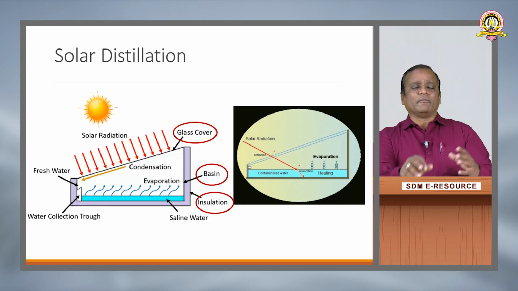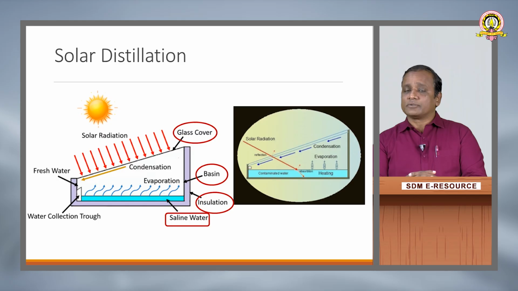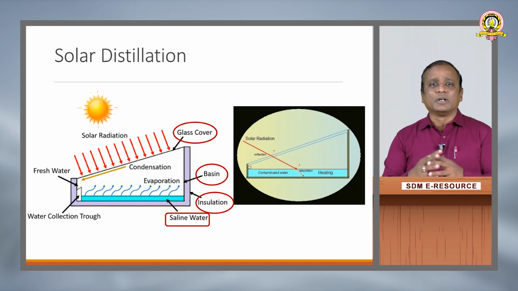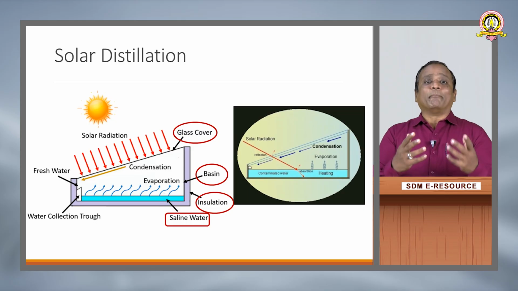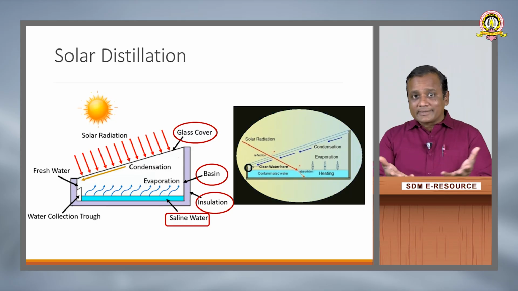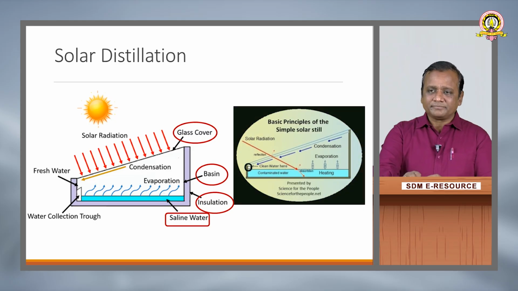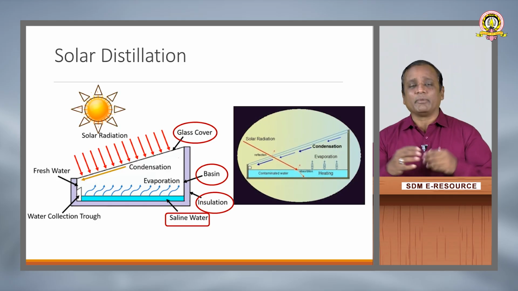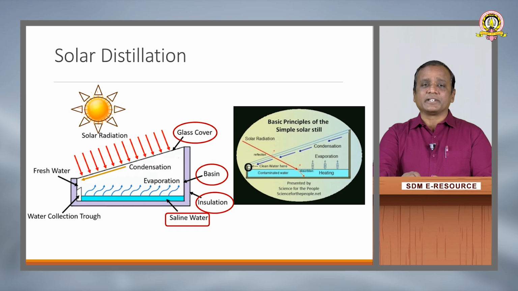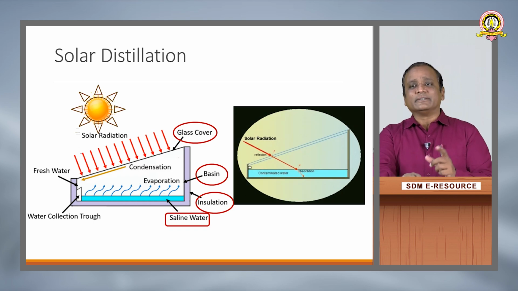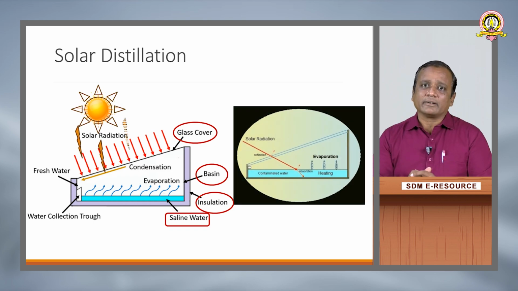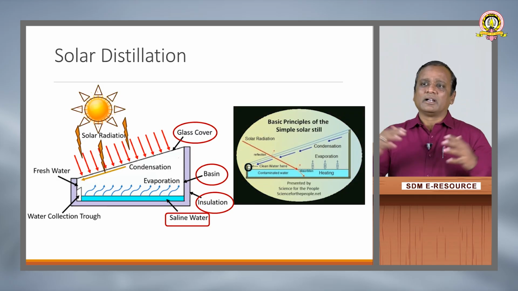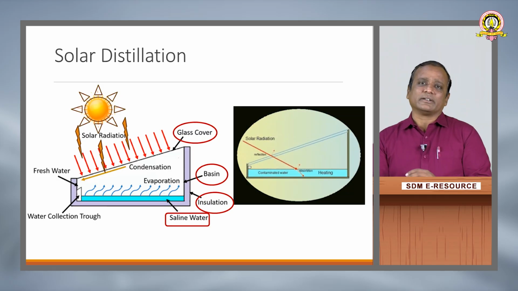Now we pour in saline water, which is not at all useful for drinking. Let's imagine the saline water is impure water or muddy water, poured inside this basin. As we know, the sun has its own radiation, I mean heat. When this heat or radiation falls on this equipment, the rays flow through the glass cover and reach the water.